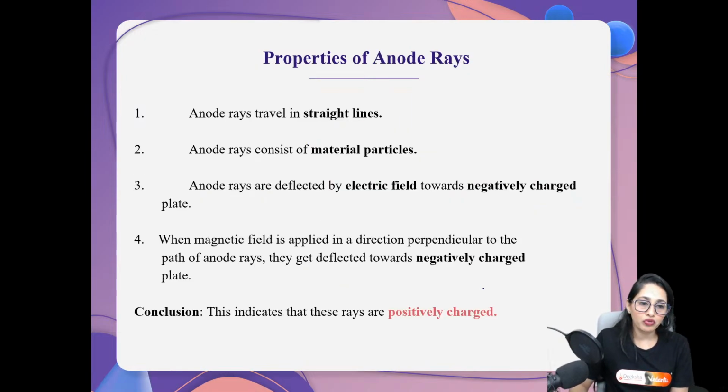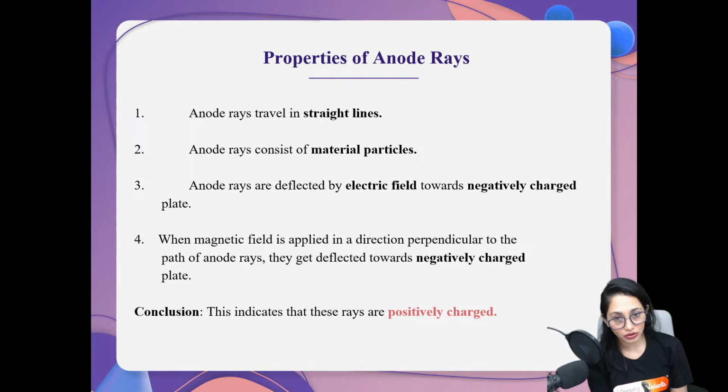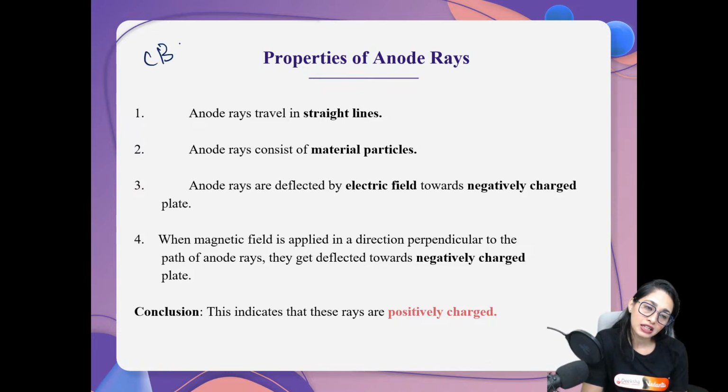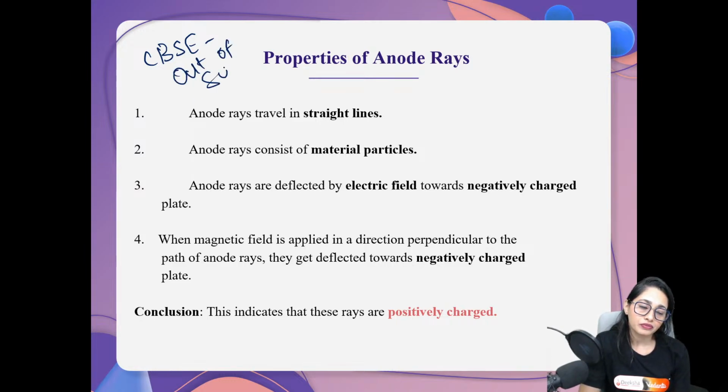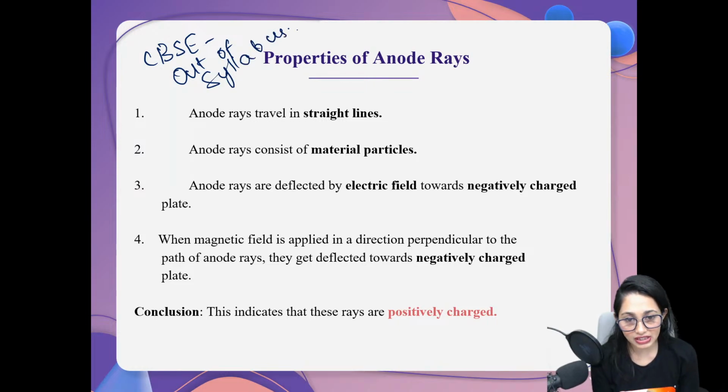Moving forward, properties of anode rays. We have discussed properties of cathode rays. Now it's time for us to discuss properties of anode rays. This is out of your syllabus. For CBSE, if you are writing your final exam, you don't need to study this. Read about this. I'll write here anyway: out of syllabus. Anode rays travel in straight lines.